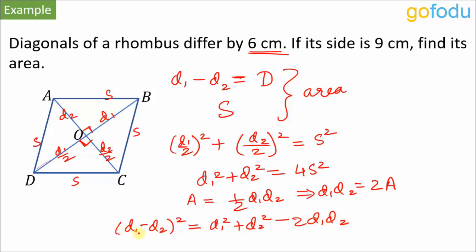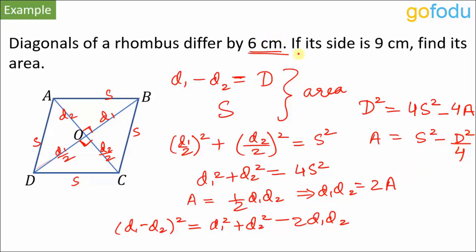Okay. Substitute the variables. (D1 minus D2) whole square is D square. And D1 square plus D2 square is 4S square. 4S square minus twice D1 D2. D1 D2 is 2A. That would be 4A. So the area will come out to be S square minus D square upon 4.